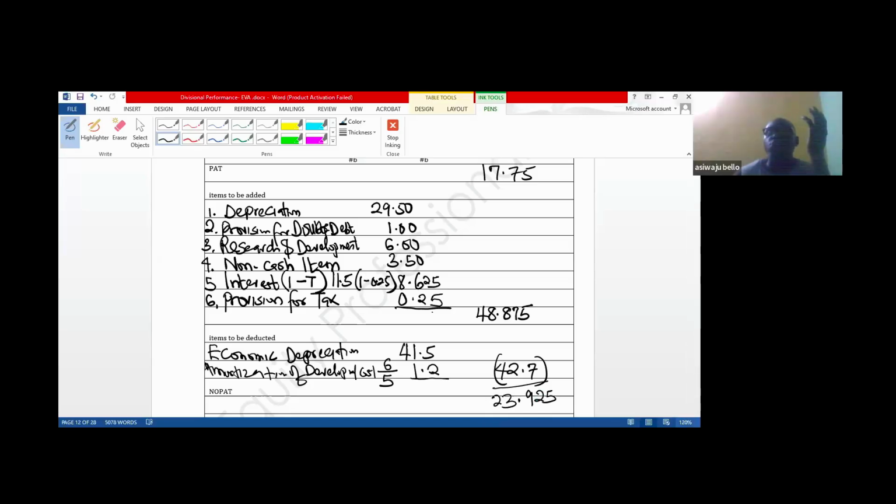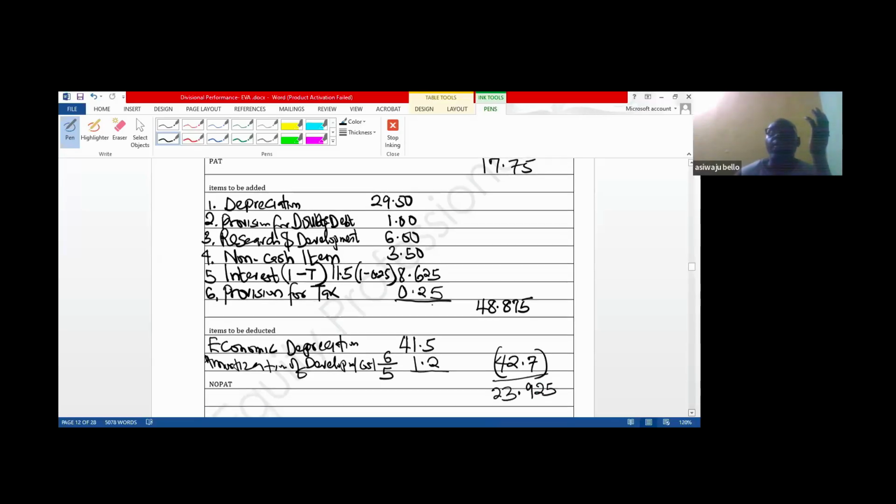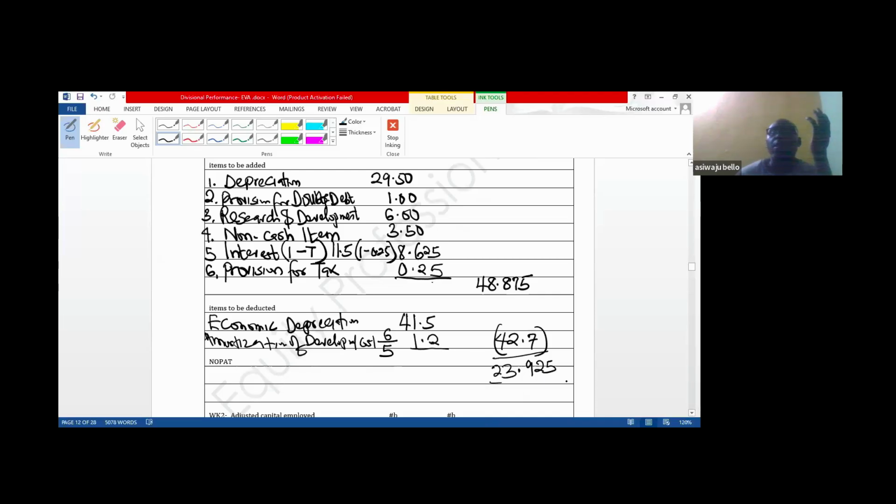This is your NOPAT, net operating profits after tax.